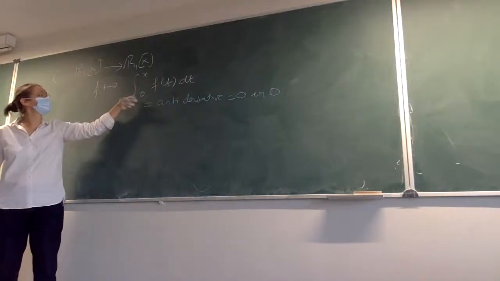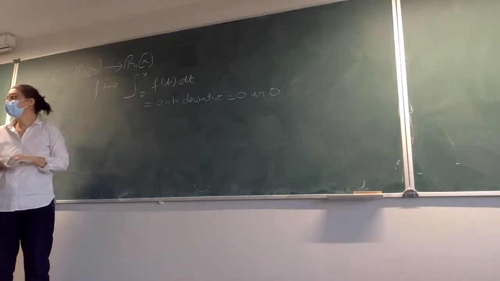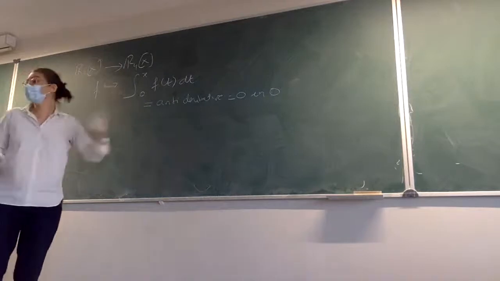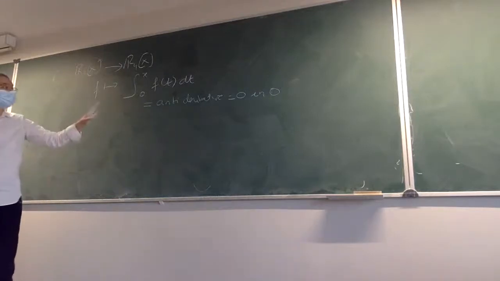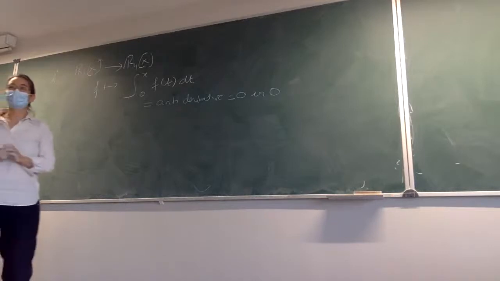So I have to put one specific one. It could be given. I will usually ask you to prove that it's a well-defined map, one image for each element. But it's not usually the question.